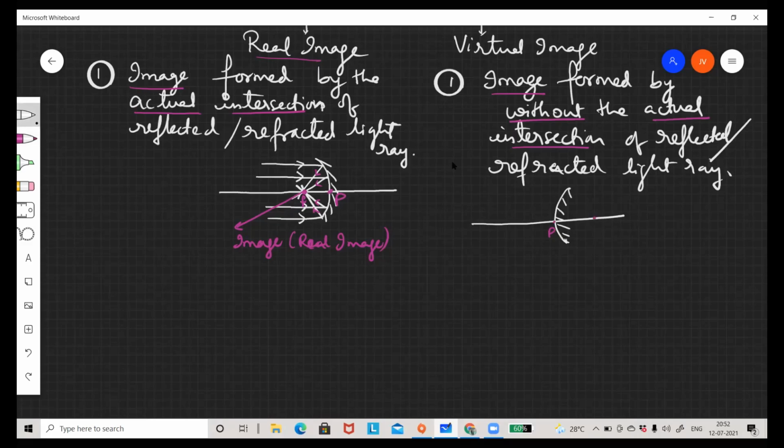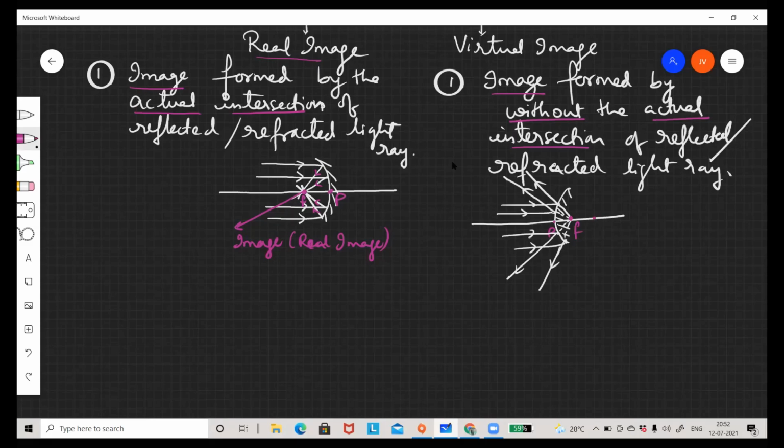You know that a parallel beam of light rays, after reflection in case of a convex mirror, start diverging from a point on the principal axis, that is called the principal focus.